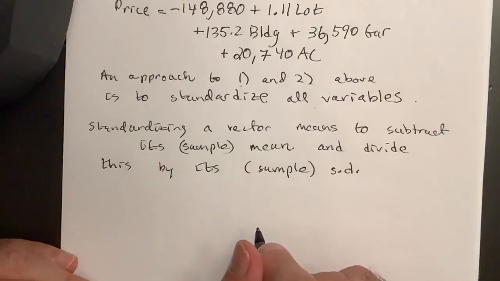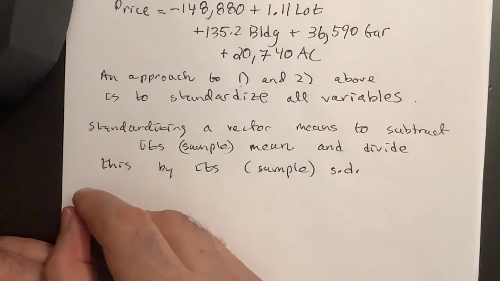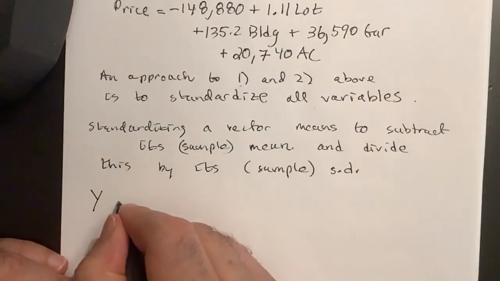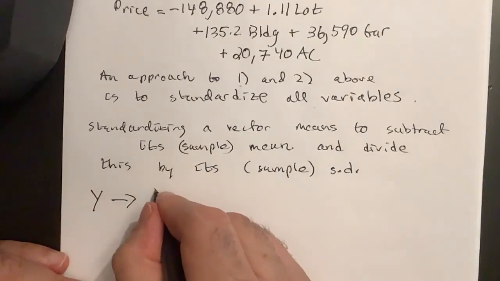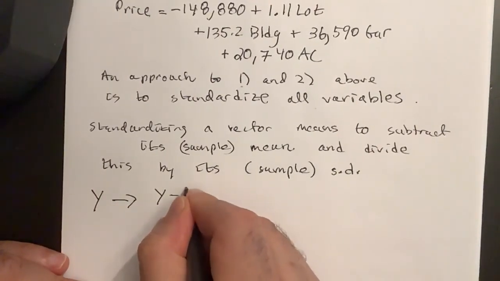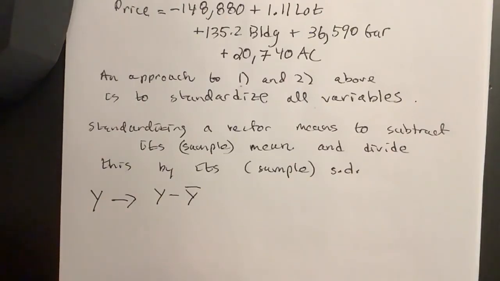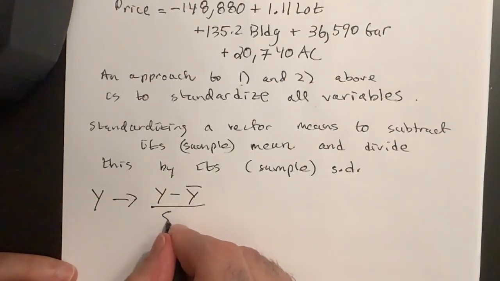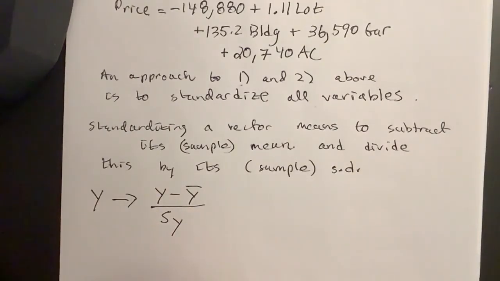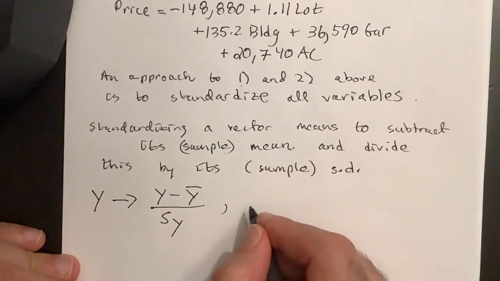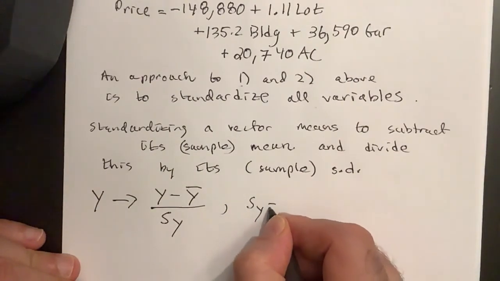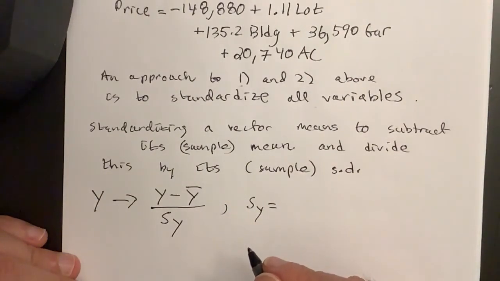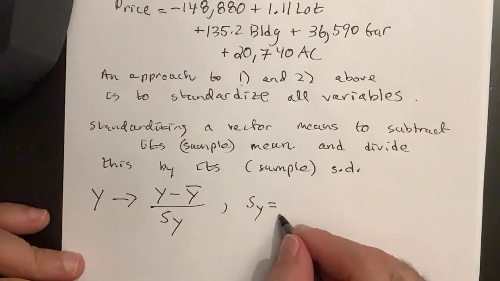So the standardization sends y to y minus y bar, which means every element of this vector is y bar, and I divide by its standard deviation, which is a scalar. So s_y is the square root of the sample variance.